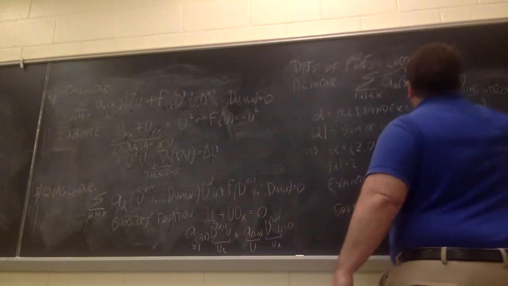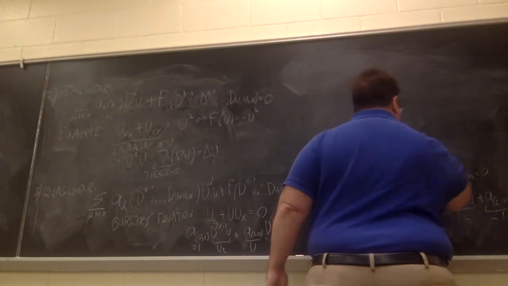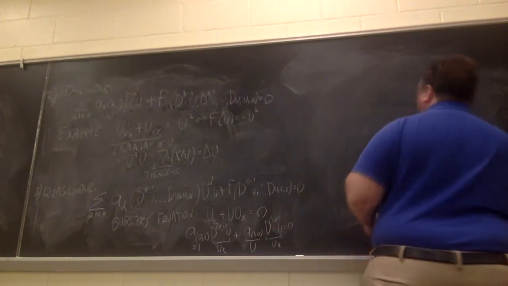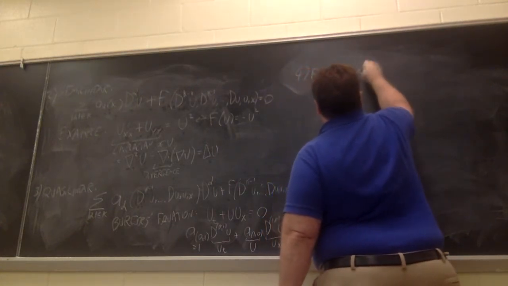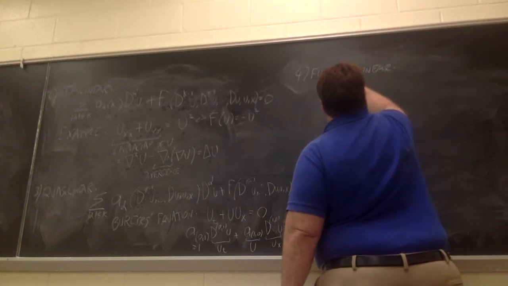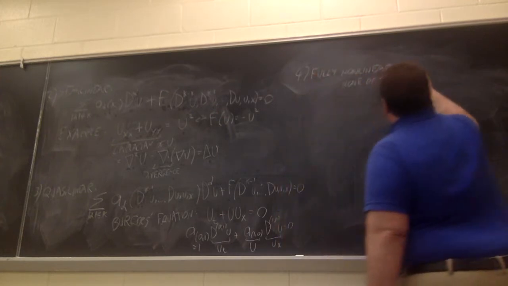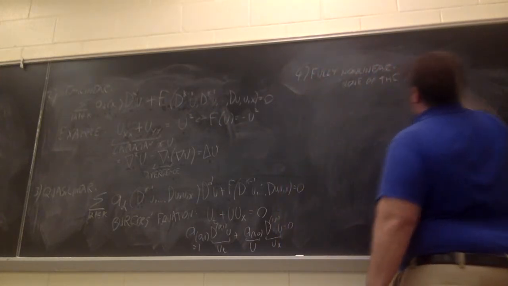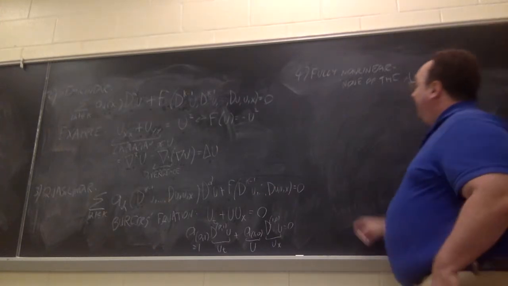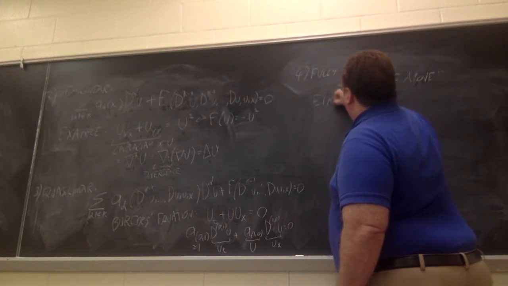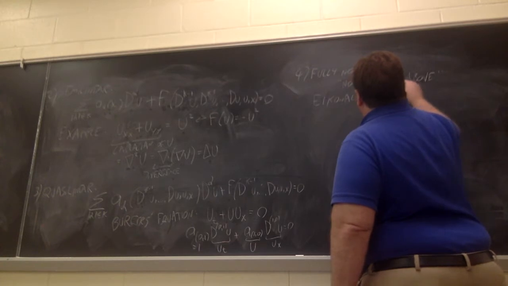So then, the simplest definition of fully nonlinear: none of the above. You cannot classify it as linear, semi-linear, quasi-linear. That's fully nonlinear. An example of that is called the eikonal equation.